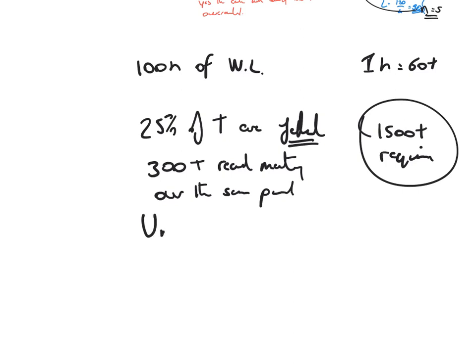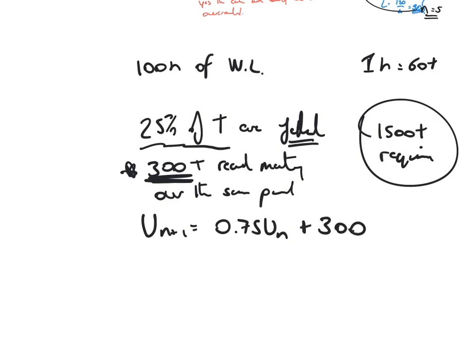Okay, so let's first of all get a recurrence solution. Now 25% of trees are felled, which means 75% remain. To compensate for this, 300 trees reach maturity, so that's 300 extra trees, plus 300. Let's now investigate the limit.